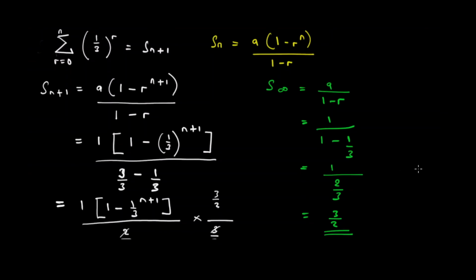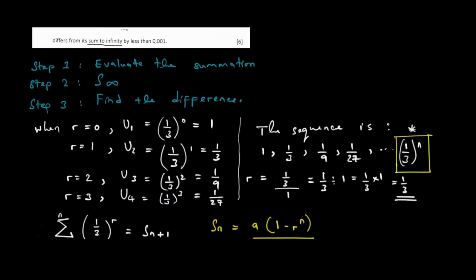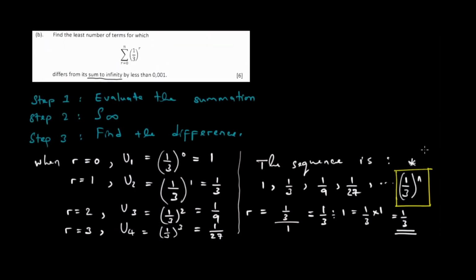But if we go back to our question, step number 3 is finding the difference. It says: find the least number of terms for which that evaluation differs from its sum to infinity by less than 0.001.